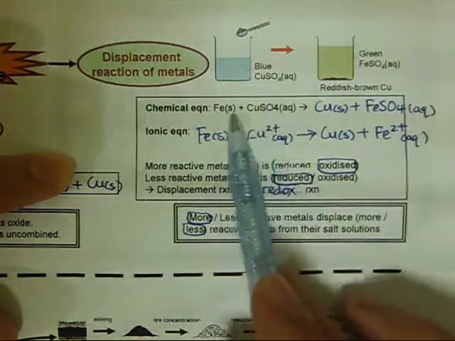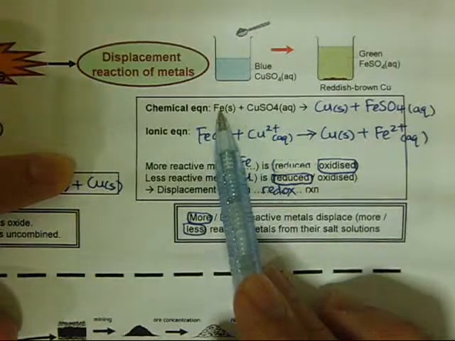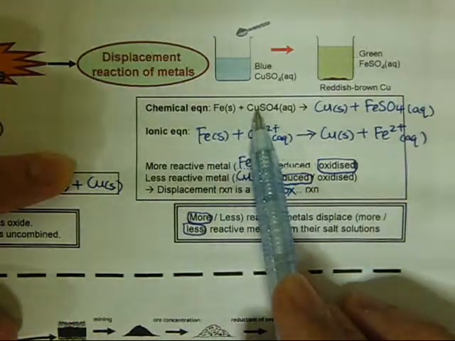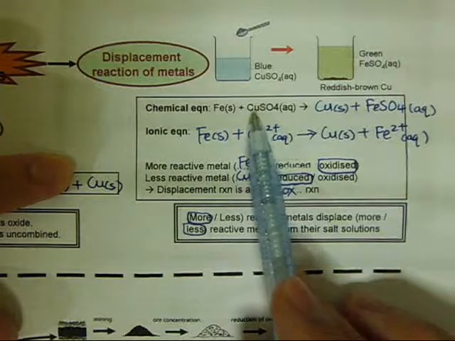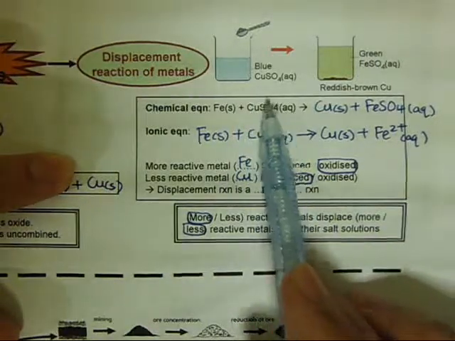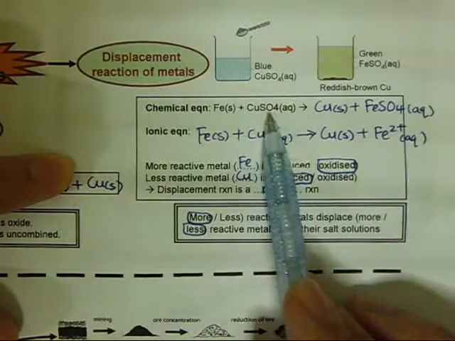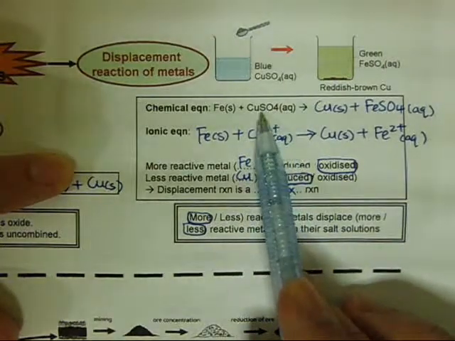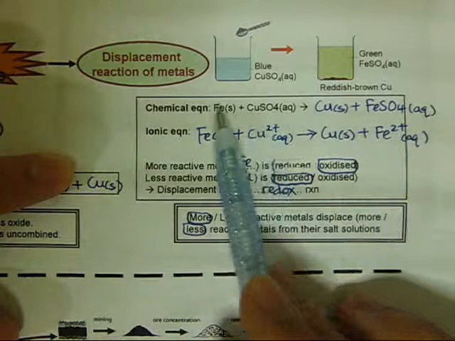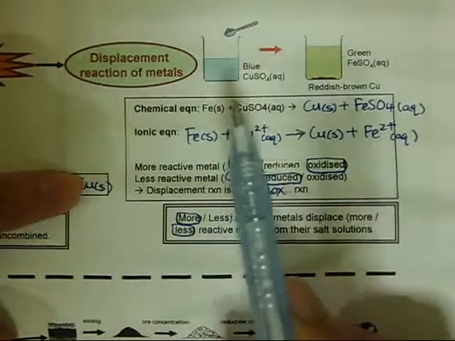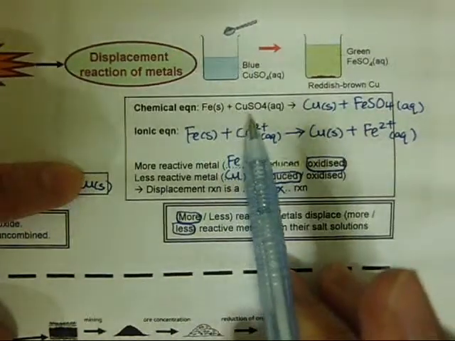For example, in this chemical equation, you have iron, a metal, you have copper, a metal, and one of the metals, in this case copper, is combined with another substance to form a compound. In this case it would be copper sulfate. Whenever this situation occurs whereby there are two metals, then it is actually a displacement reaction.